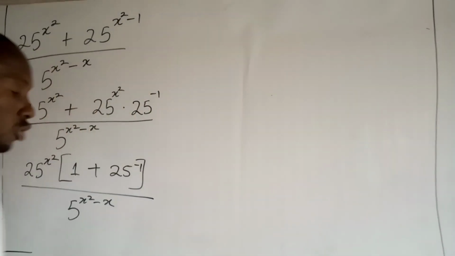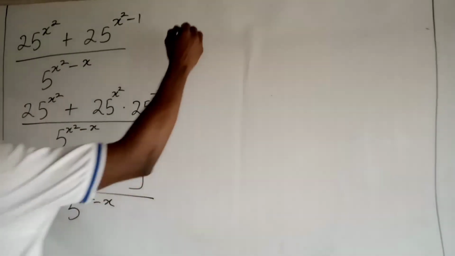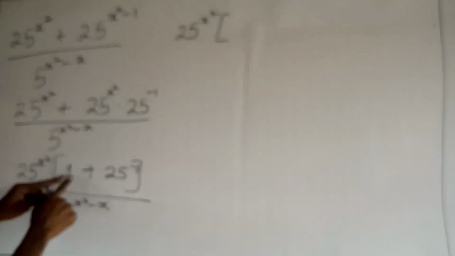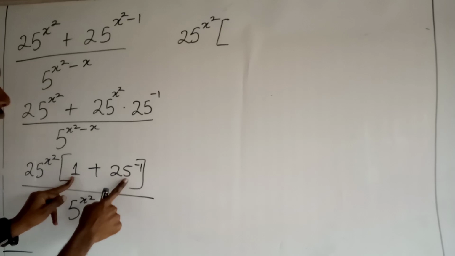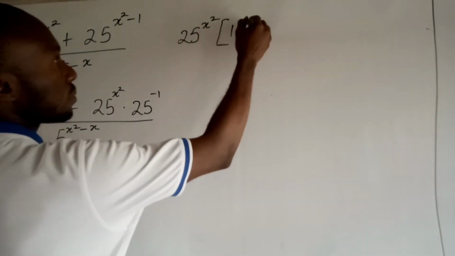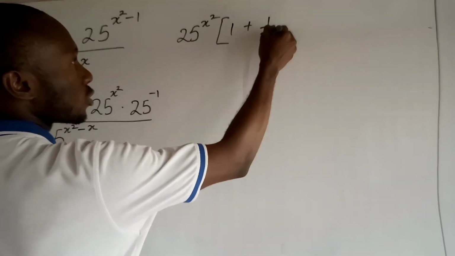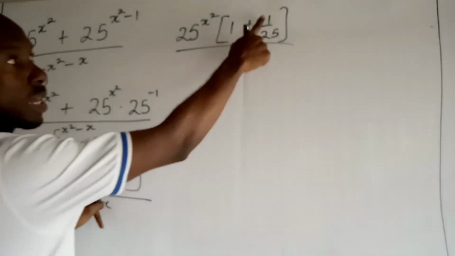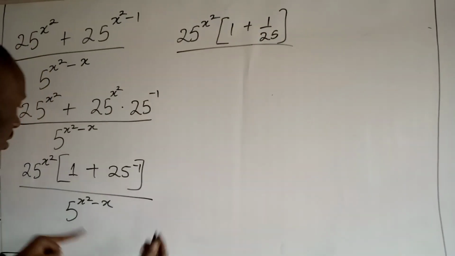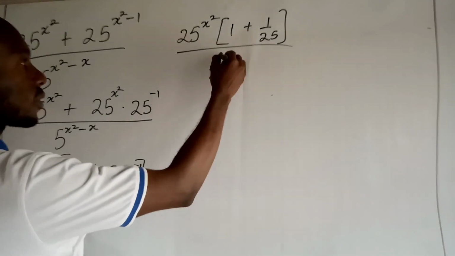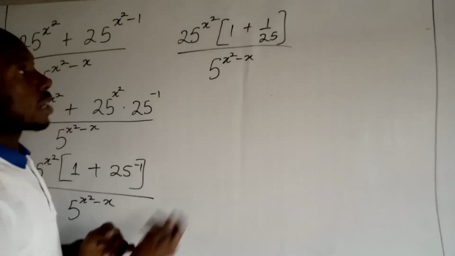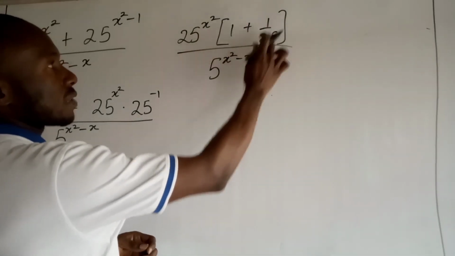The next thing you want to do, you want to say 25 to the power x squared times 1 plus 25 to the power minus 1, which can also be written as 1 plus 1 over 25, because 25 to the power minus 1 can also be expressed as 1 over 25, all over 5 to the power x squared minus x. Okay, so at this point I want to simplify these guys right here.